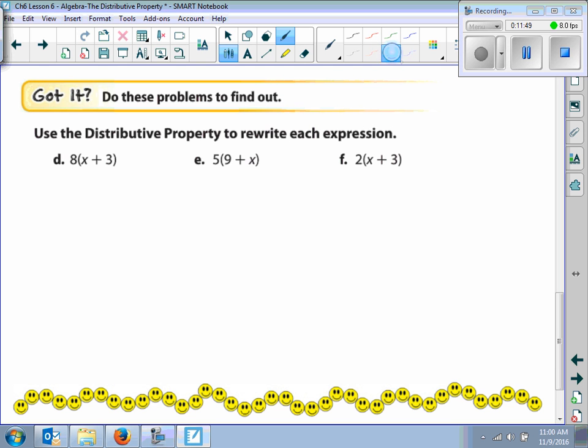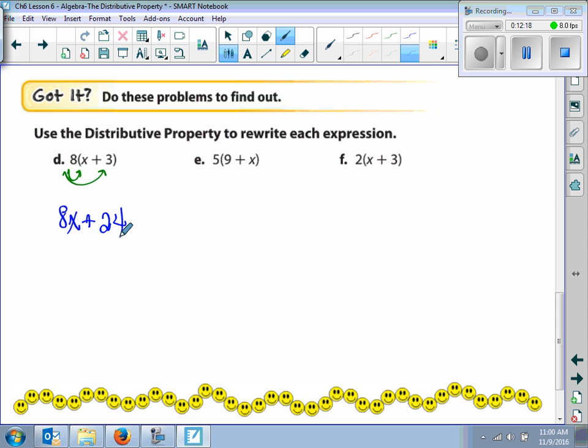And once again, if you need to draw your arrows to remind you what you're multiplying, draw your arrows, okay? So here, 8 times x is equal to 8x. And 8 times 3 is equal to 24. So this is going to be plus 24. Is everybody clear with that?